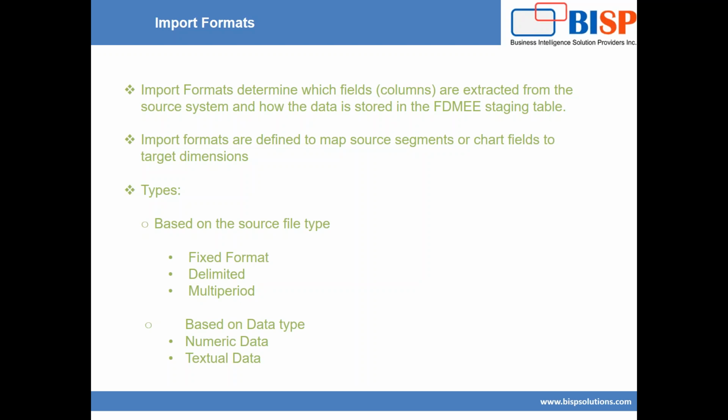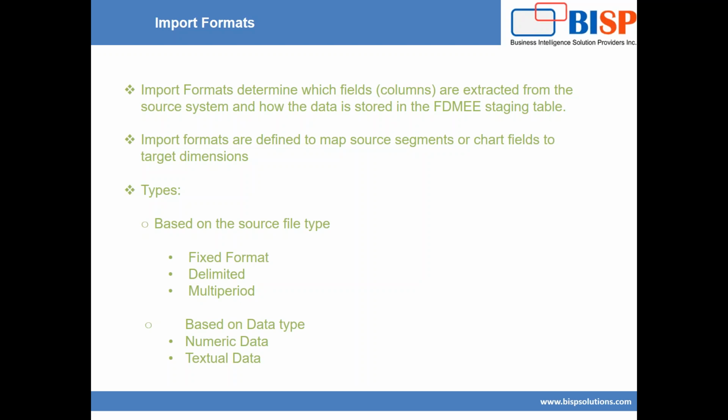And let's say column number 12 belongs to the amount column. So whenever FDMEE processes your data file, it understands which column in the data file should go and sit into which dimension. This is extremely important because based on this, your further member mappings are defined and your data gets translated based on this.